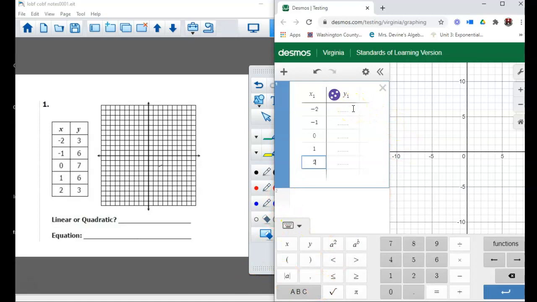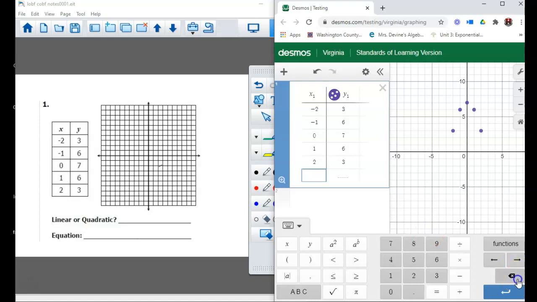It's just a little easier for me. So now I'll click over here in y1 and I'll do these y values. So I'll do 3 and 6 and 7 and 6 and 3.